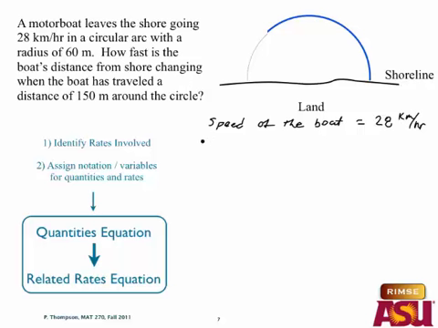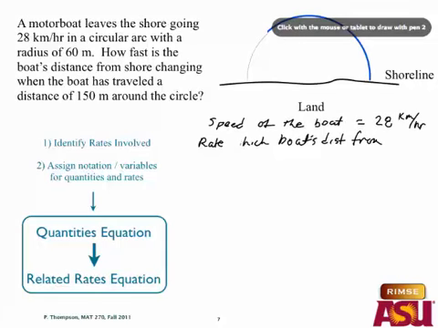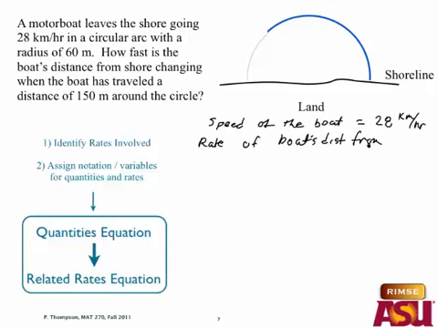So it's the rate of the boat's distance from shore. Are there any other rates mentioned? That's it. We have how fast the boat is going, and then the rate of the boat's distance from shore.